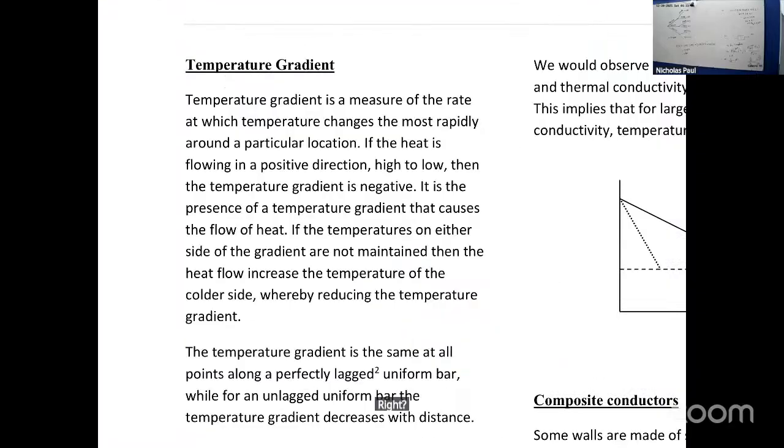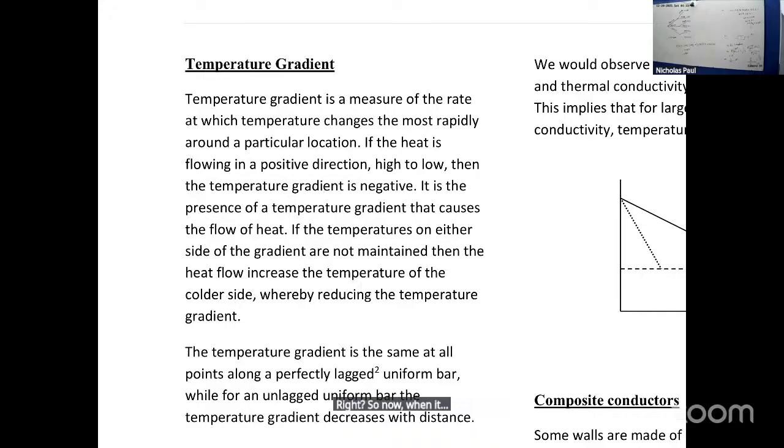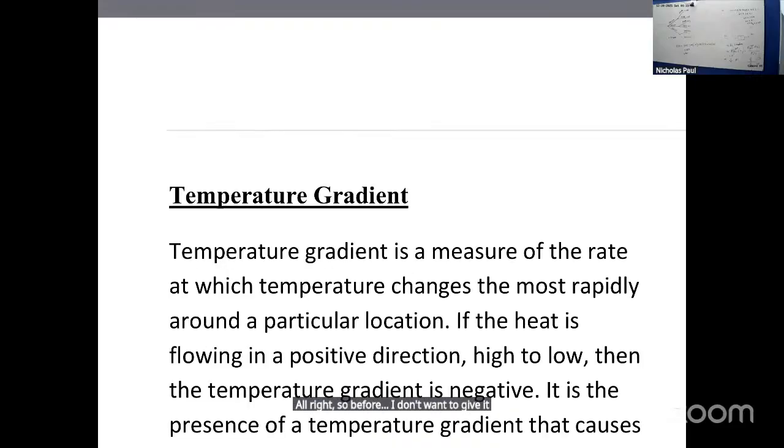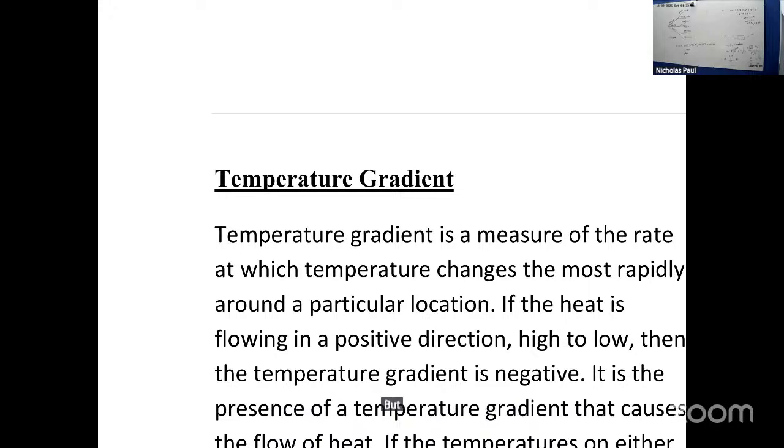So now we want to dive a little further into the temperature gradient. All right, I don't want to give you the answer here, right? But let's dive a little further into temperature gradient. We know that power is equal to K A delta theta over delta x, right?